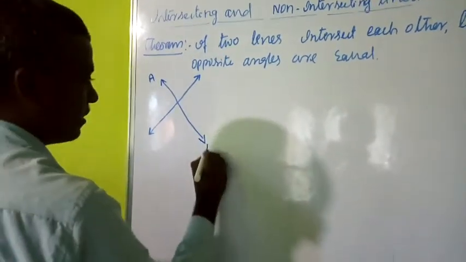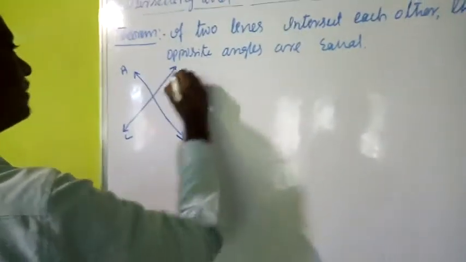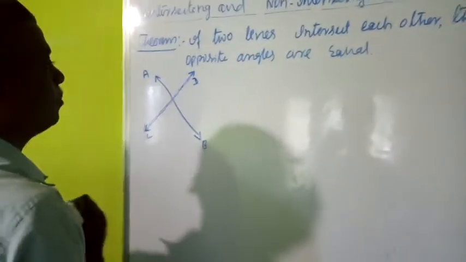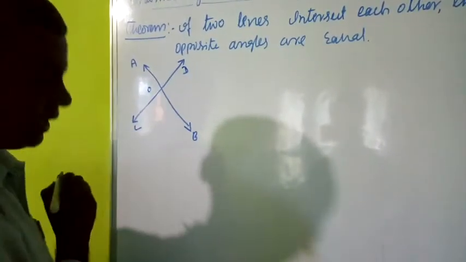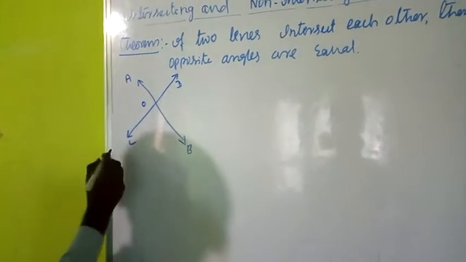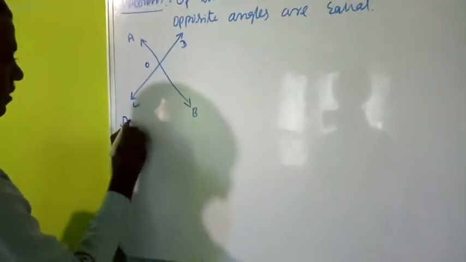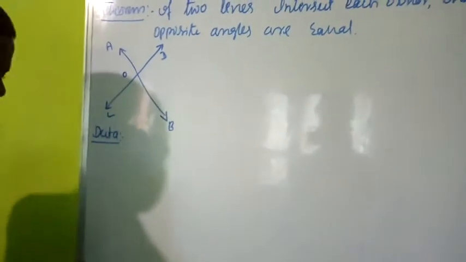Okay students, this is AB, this is your CD, these are the two lines. They should intersect at a common point O. So this is about what is given. First collect the data. It is the first step in the theorem.